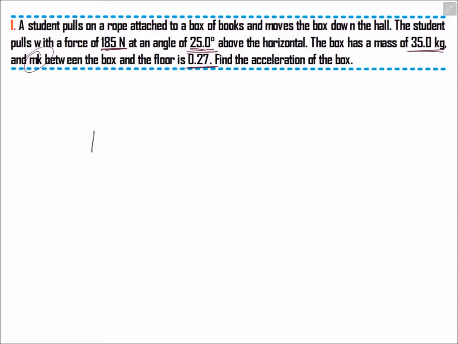So if we draw the box, we have an external force that's equal 185 Newton, and it has an angle 25 degrees with the horizontal line, and its mass is 35 kilograms, so Fg is 35 times 10, it means 350 Newton.